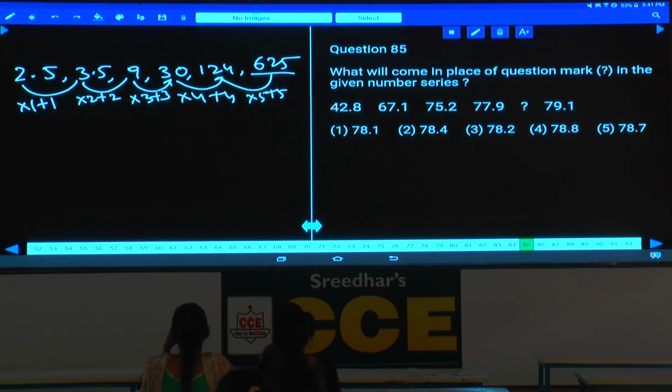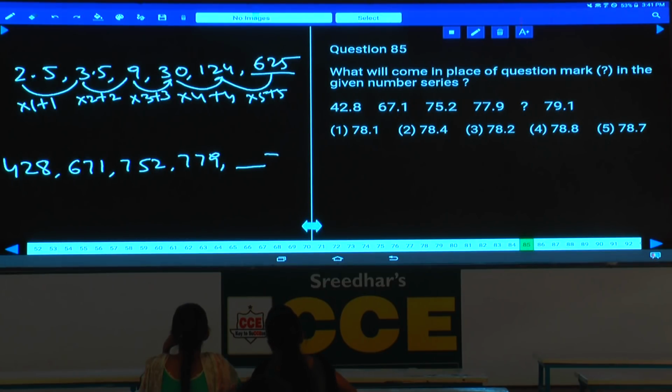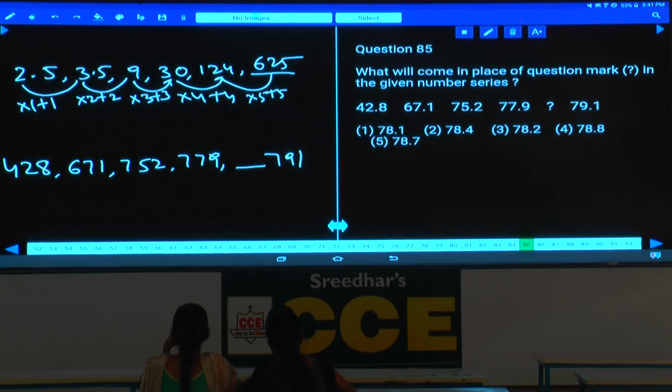Then coming to question number 85. Now one decimal is there, isn't it? Let us remove the decimal by multiplying each of these numbers by 10: 428, 671, 752, 779, blank, and 791. Now if you observe the numbers, the difference between 428 and 671 is how much?